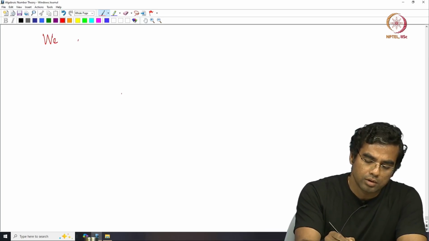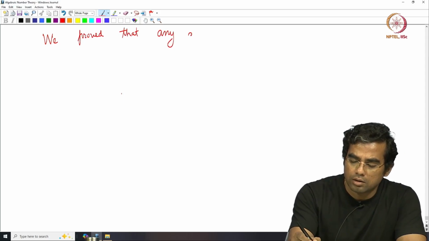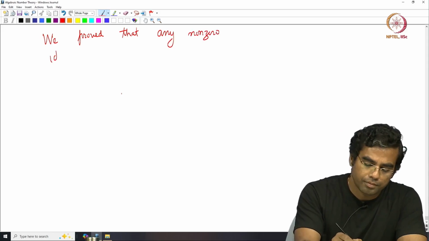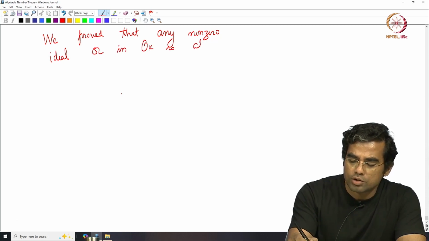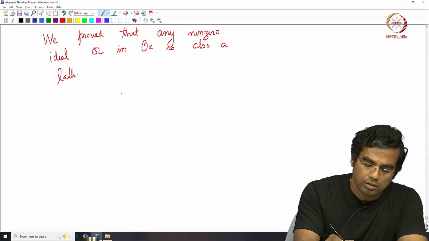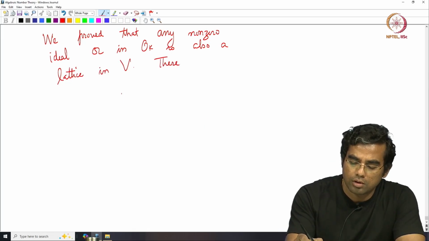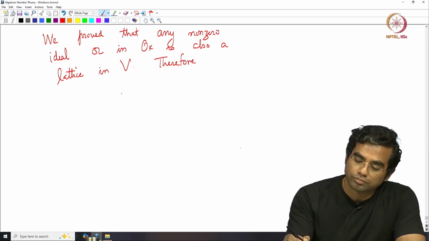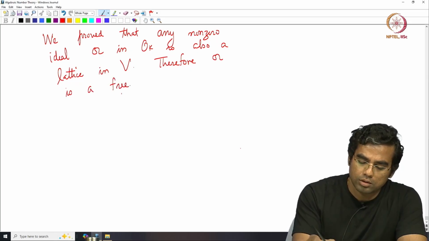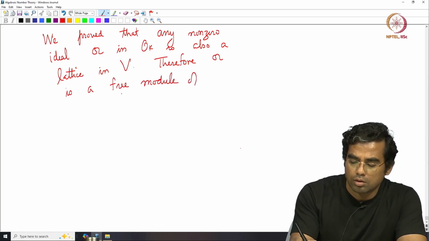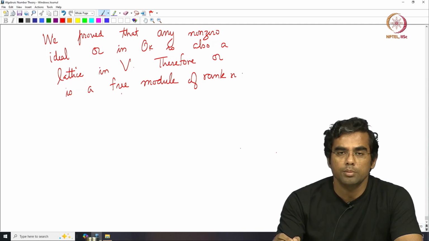We proved that any non-zero ideal A in OK is also a lattice in V. Therefore, A is a free module of rank n, and then we proved a bunch of results about lattices and sublattices.